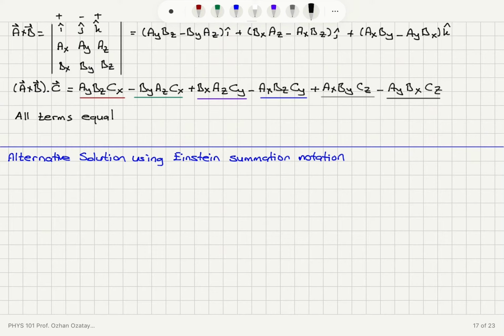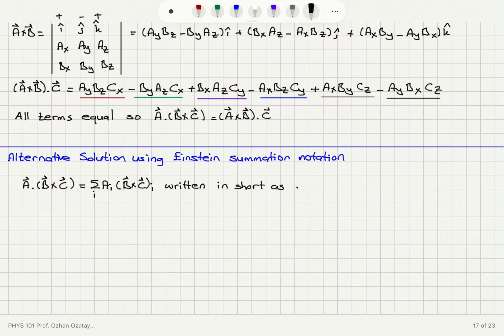In Einstein summation notation, this is written in short as A_i (B cross C)_i. That basically implies there is a summation when there's a product of two equal components.